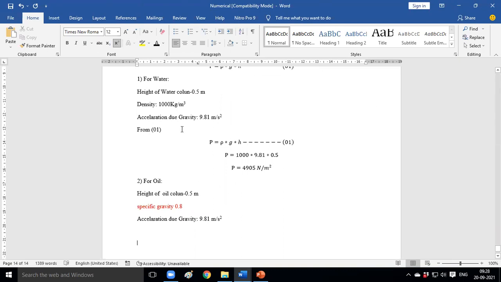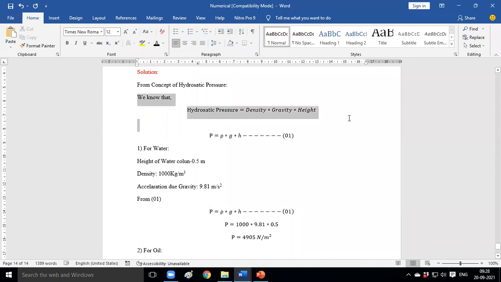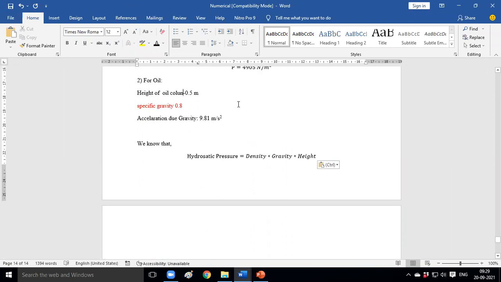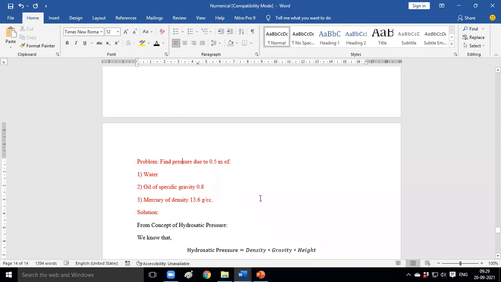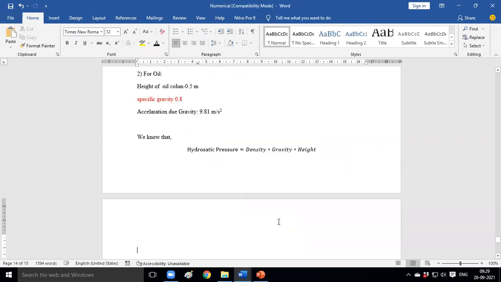So what is the equation for hydrostatic pressure, to determine the pressure exerted by the water column as well as the oil column? Rho GH. The equation is common. Rho GH, that is equation number 1. And in this equation, we need to put the corresponding values.